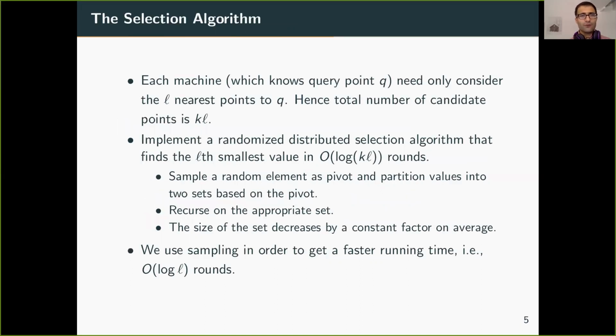So how does the distributed selection algorithm run? Each machine can compute the L nearest neighbors from the query. So your search space is kL indeed. And then if you run the selection algorithm, you can get the result in log of your search space, that is log of kL.